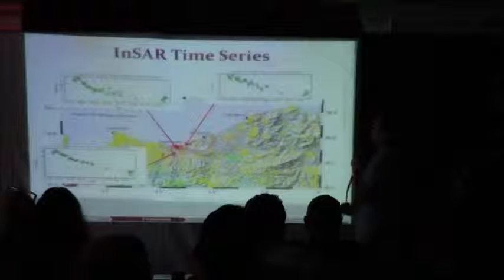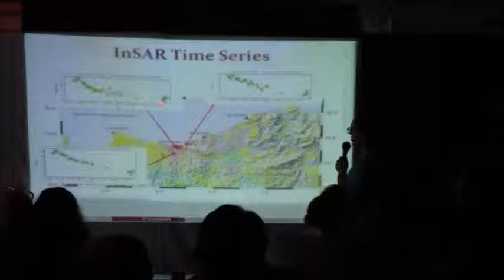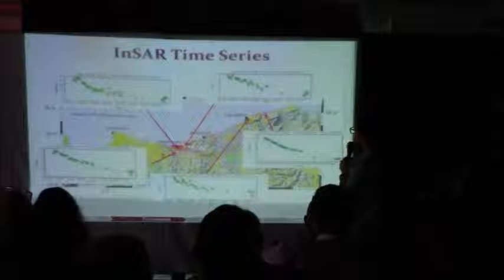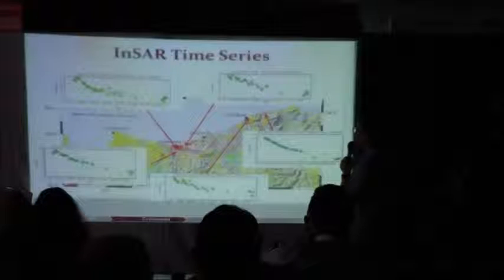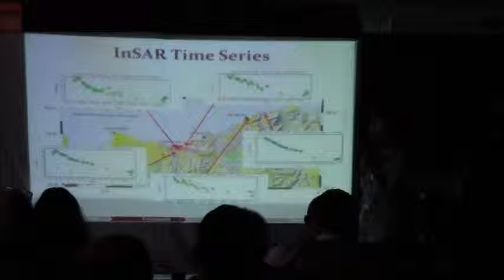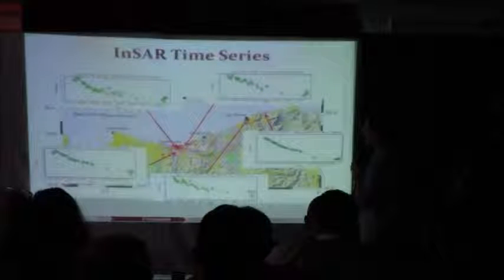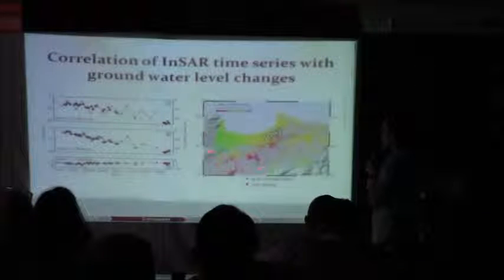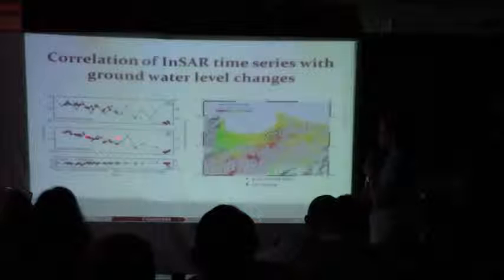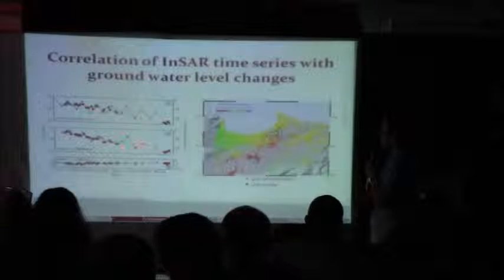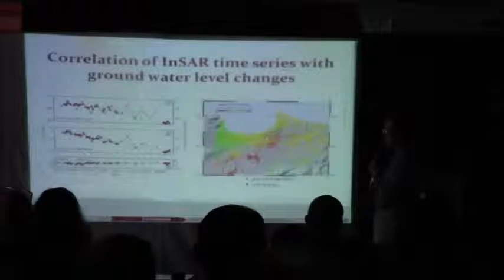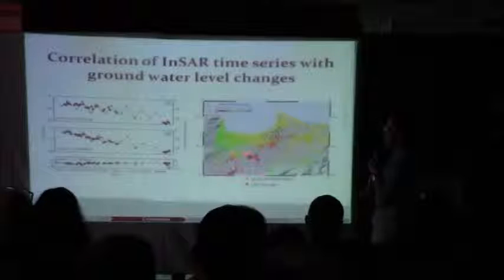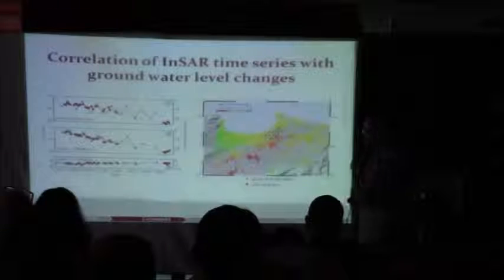If we look at the time series in Boumerdès, we see an exponential decay over time, and the same in Cap Djinet. This is the characteristic behavior of post-seismic deformation. But we don't see this exponential behavior in the Mitidja Basin, and we see a good correlation between groundwater level change and the time series. So we can say that this subsidence is not related to the earthquake.